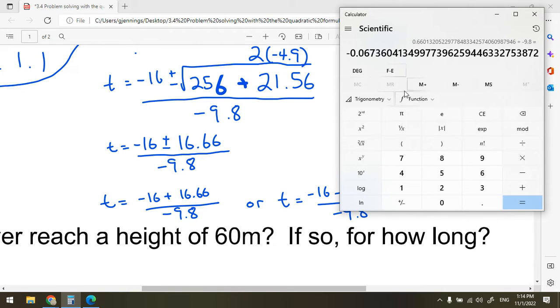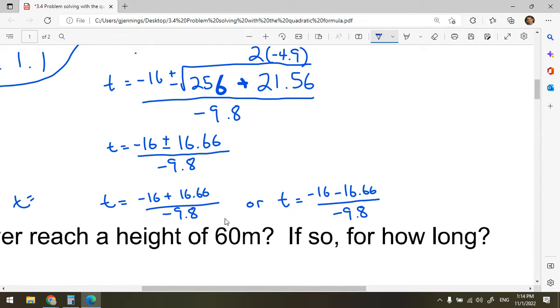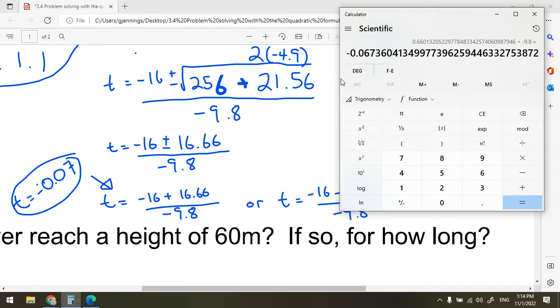Equals, so the first one is negative 0.067. So this one here, t is equal to negative 0.07. Okay, that's one of my t values. I round that to the nearest hundredth of a second.